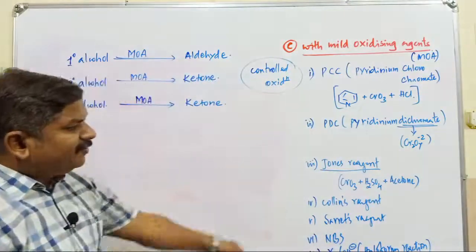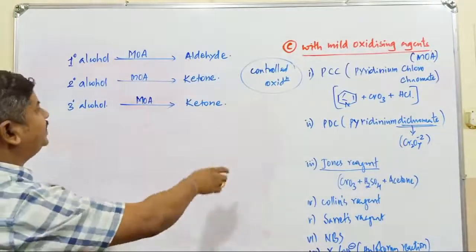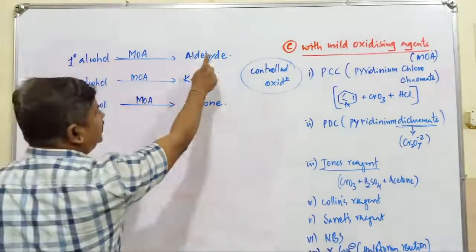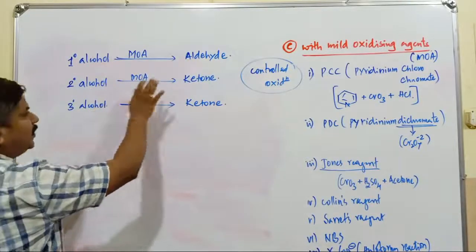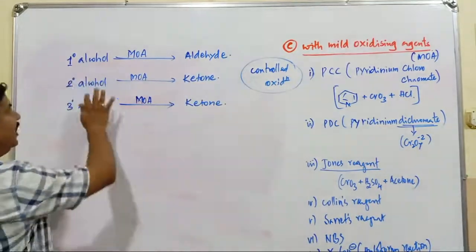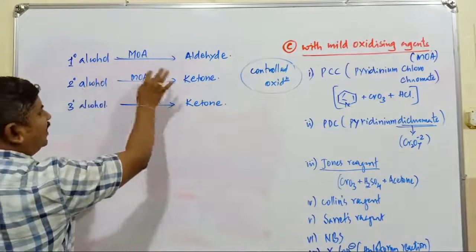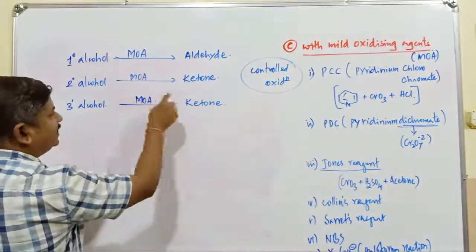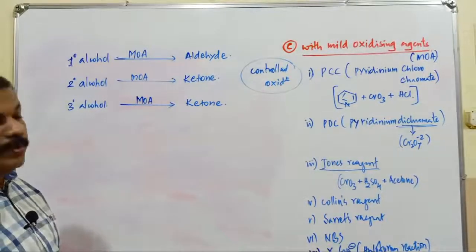But in presence of all these oxidizing agents, commonly known as weak or mild oxidizing agents, primary alcohol converts into aldehyde, further no reaction. Secondary as well as tertiary alcohol also convert into respective ketone. But the difference between this ketone and this ketone is that the number of carbon atoms remains the same here, but in case of tertiary alcohol, the number of carbon atoms is going to be somewhat less, one carbon atom less.